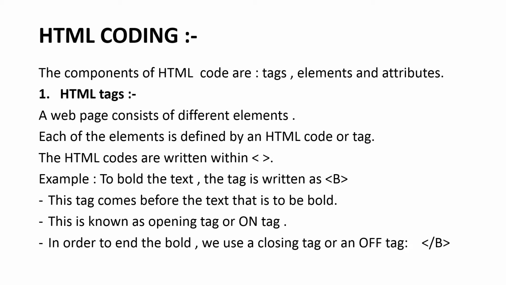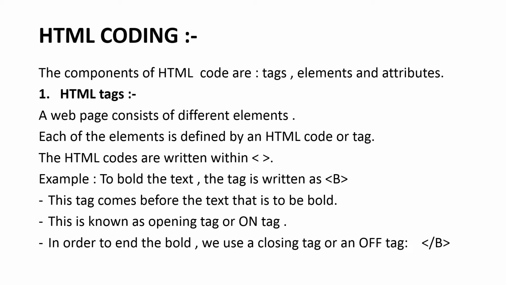Now this tag comes before the text that is to be bold. This is known as the opening tag or on tag. The tag which comes before the text is known as the on tag.